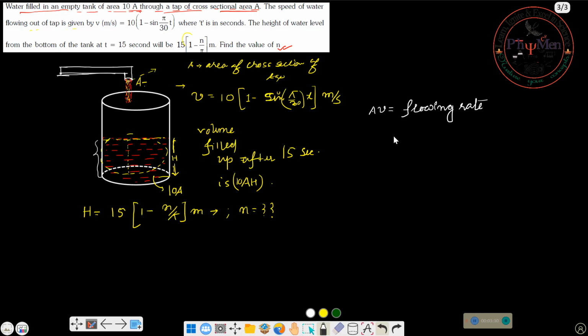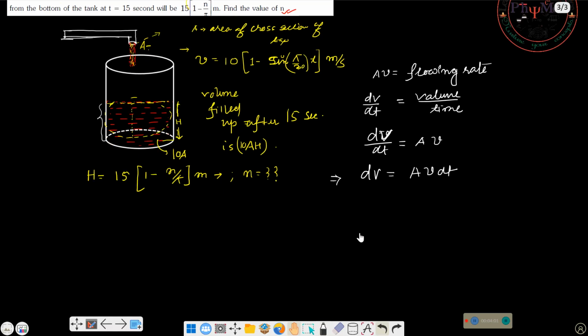Flowing rate means dV/dt, that means volume per unit time. So we can write, V is the volume here, dV/dt = Av. From this we have dV = Av dt.